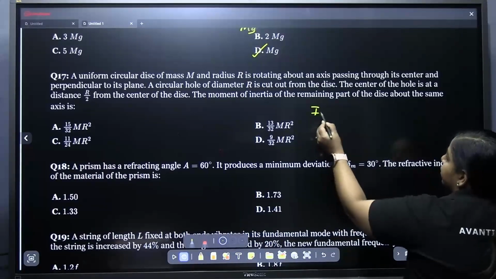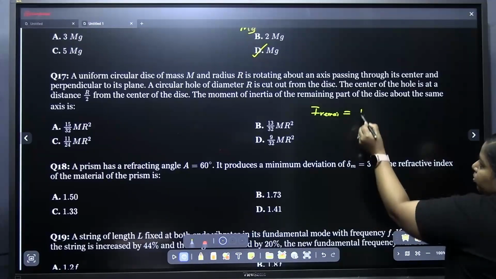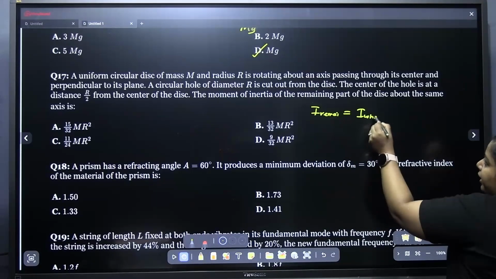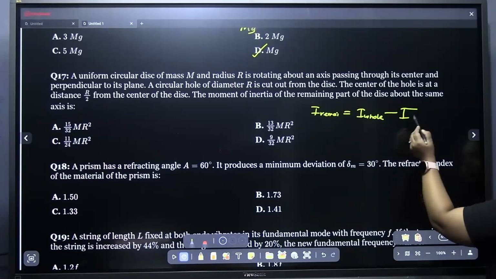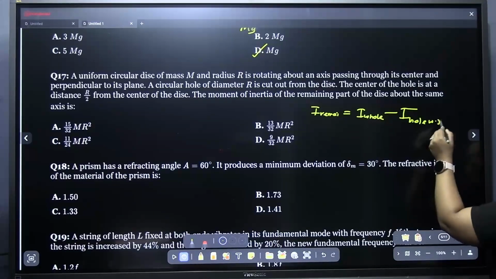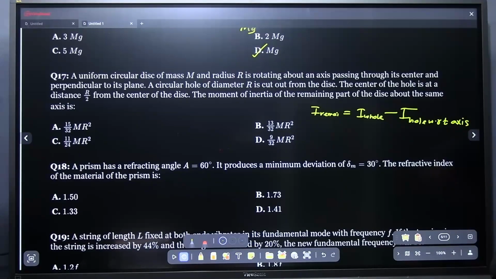So the moment of inertia of the remaining part is equal to the moment of inertia of the whole thing, like before cutting, minus the moment of inertia of the cut hole with respect to the axis of rotation.